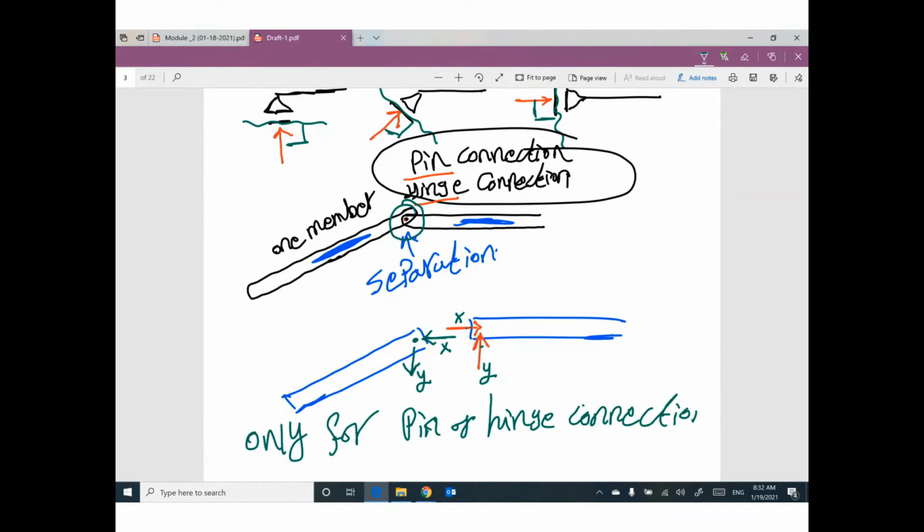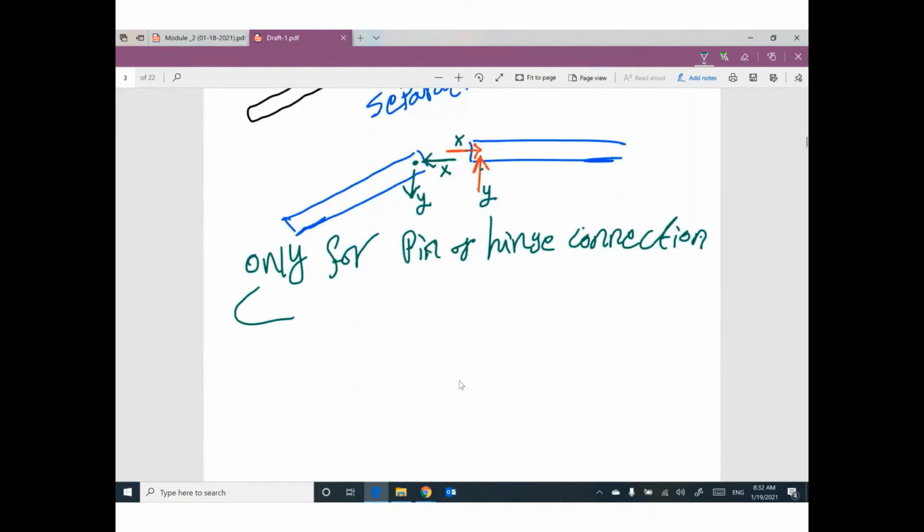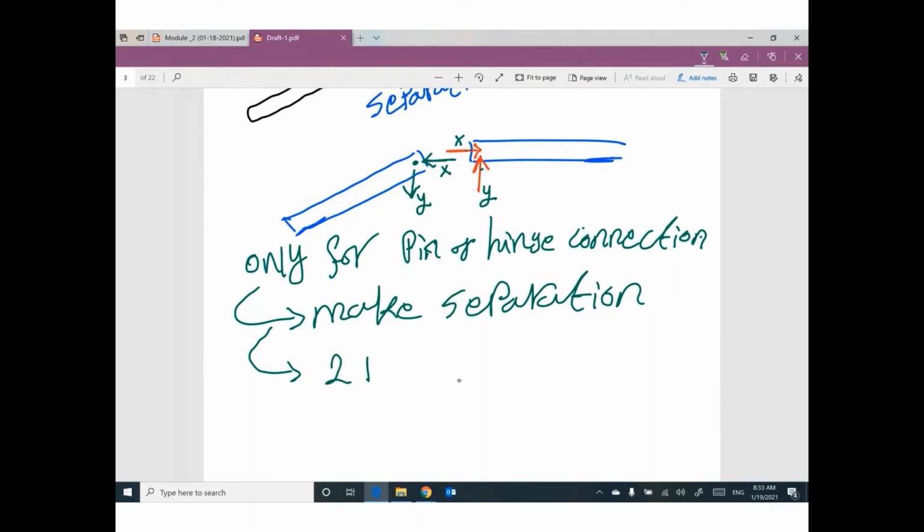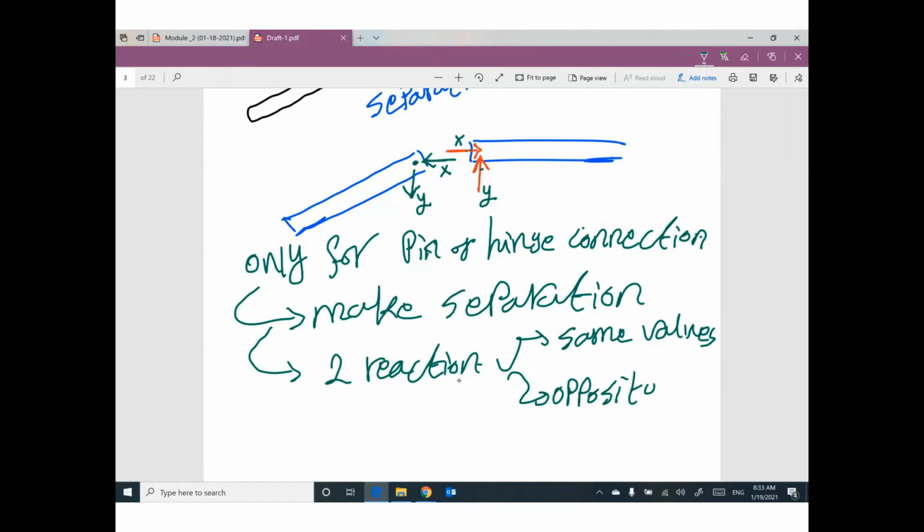If you have only pin or hinge connection, please make separation. If you do a separation, we have two reactions. On the other side, we have another two reactions, same values, but opposite directions.